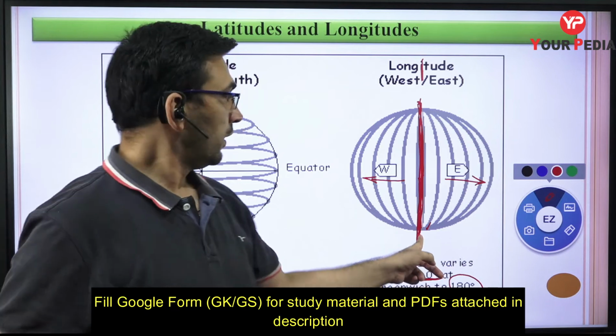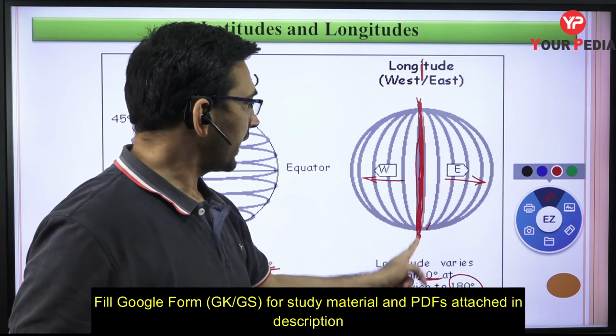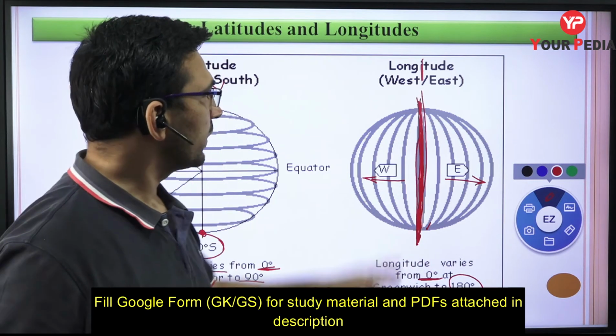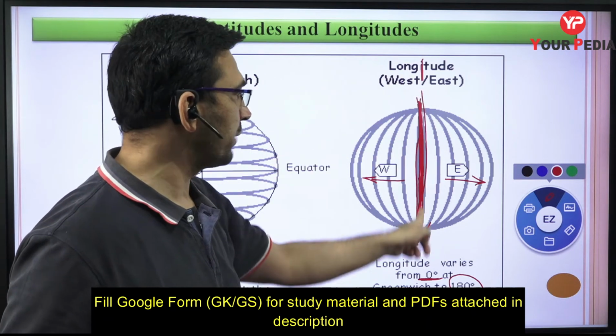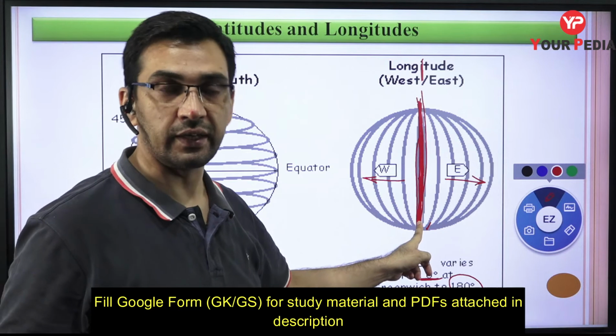And when we study about time, how we normally calculate the time, you are going to have a meridian which is exactly on the back side of this prime meridian. We call it the international date line.